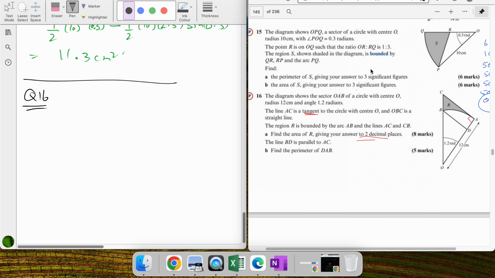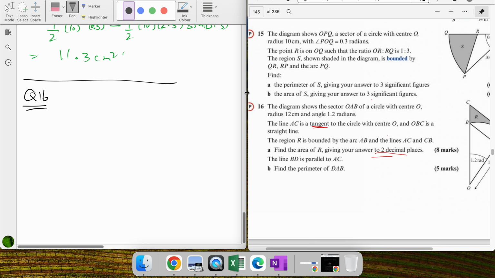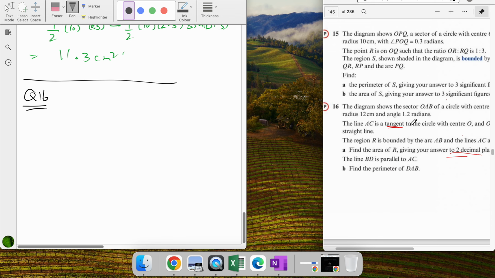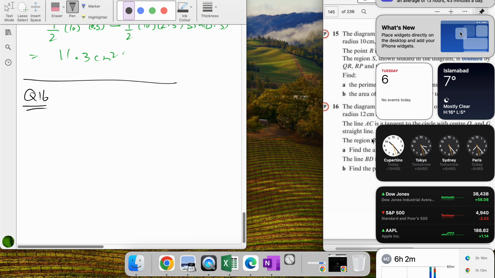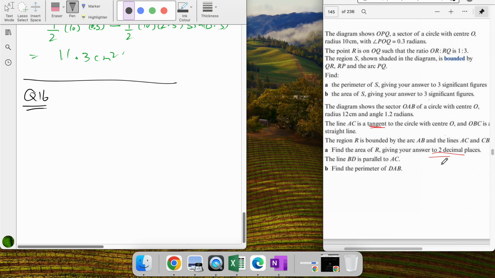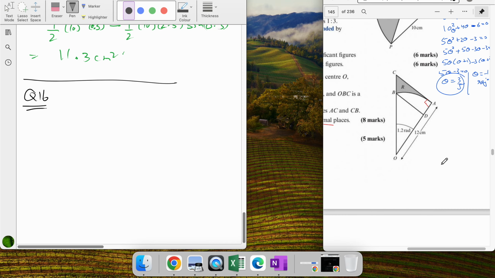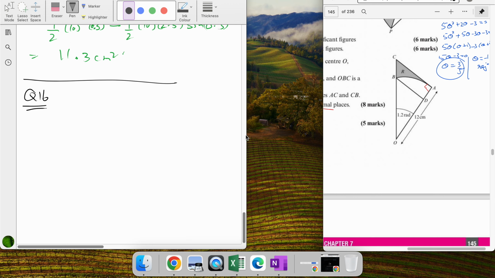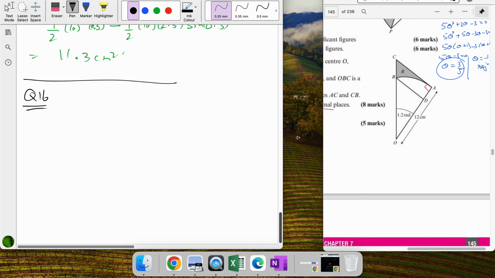Okay, area of R, and let's use this diagram only with the working space. Let me extend this space.